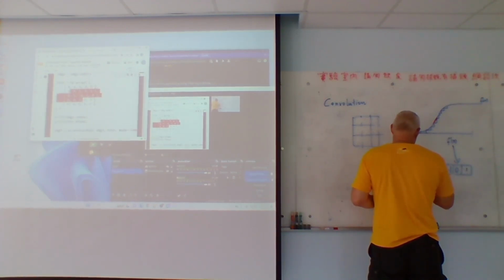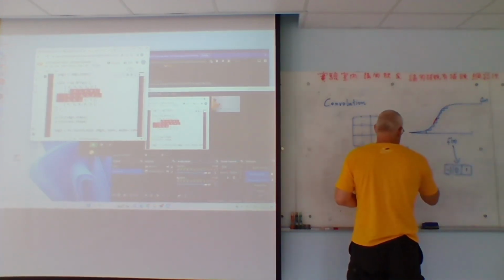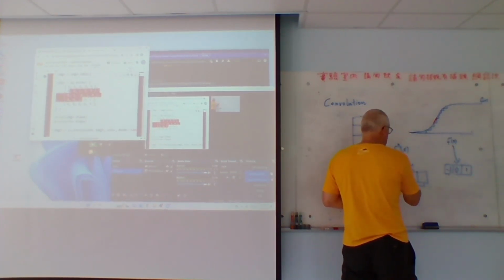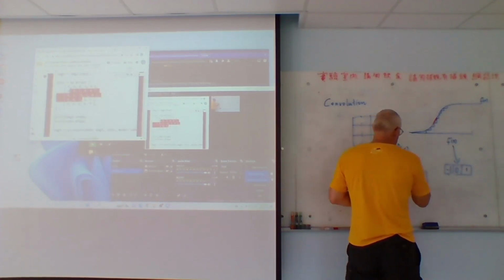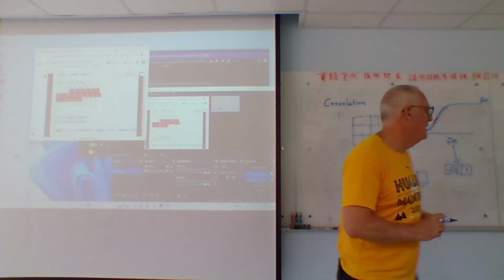So one derivative I can calculate by plus 1 minus 1, right? This one minus this one will give me the f dash of x between those 2 pixels there.